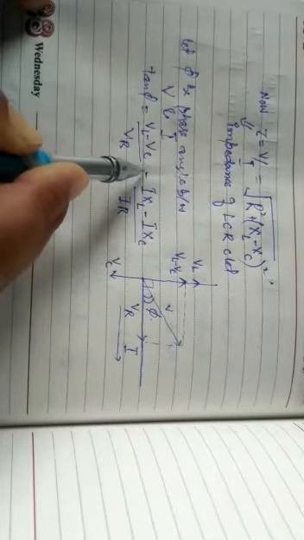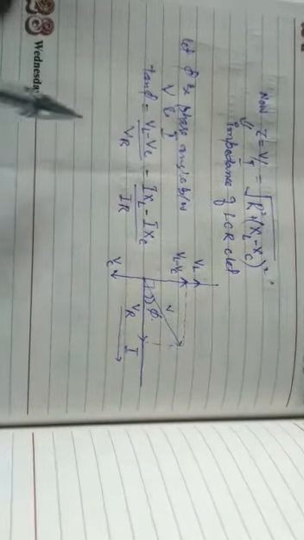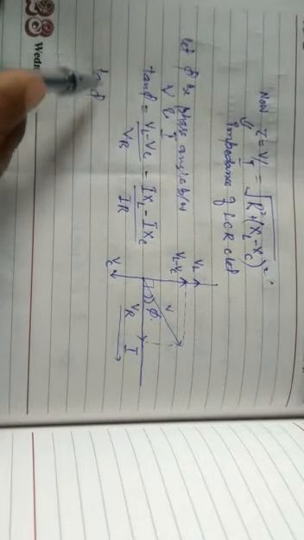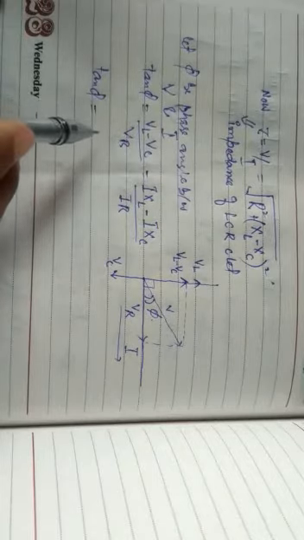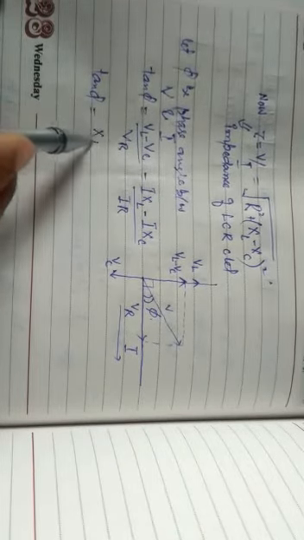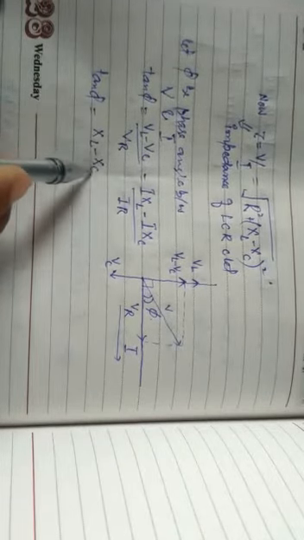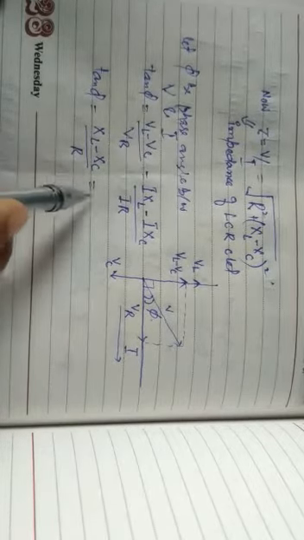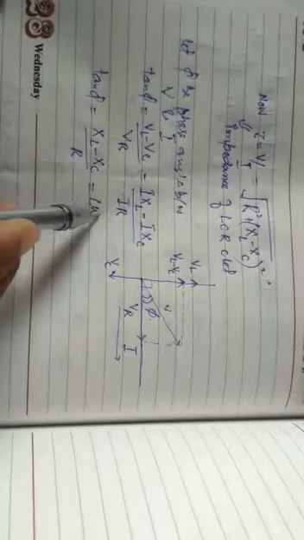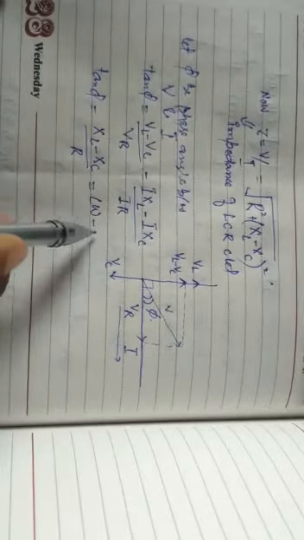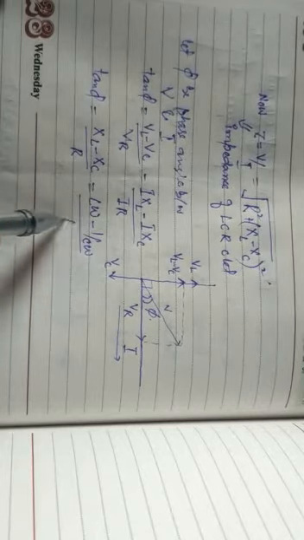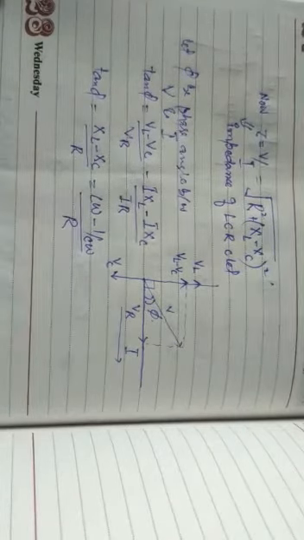Now I is common and cancels with this I, and we get tan of phi equals XL minus XC over R, where XL is L omega and XC is 1 over C omega.